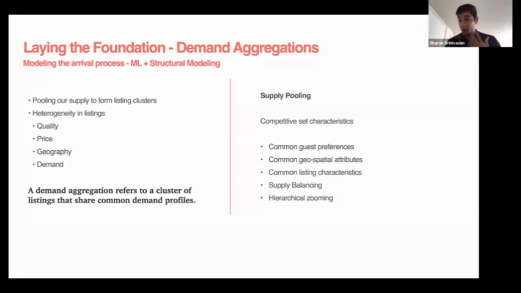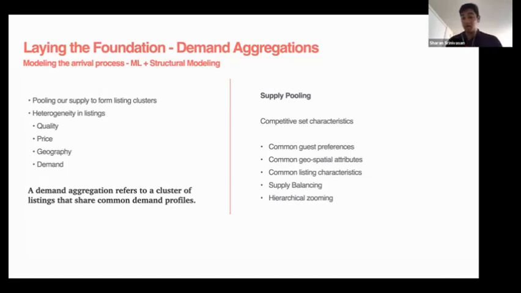And we also, for modeling purposes, wanted supply balancing, which means if I want to build out machine learning models on clusters of listings, we want these clusters to be IID and also of similar sizes, so that we can use this not only for modeling problems, but also for analytical purposes.